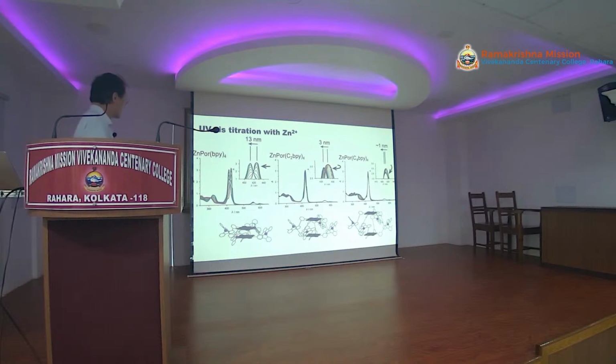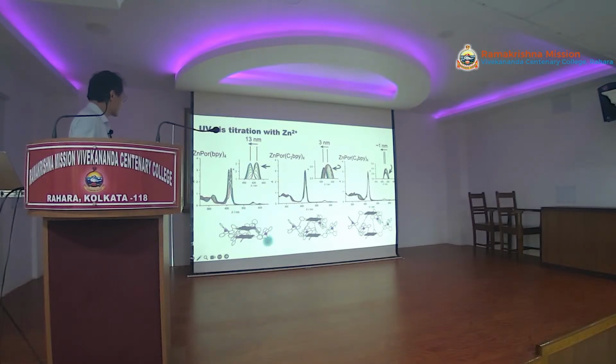So another thing is that this is a very complex process. Two porphyrin molecules and four ions assemble into one structure, and how do we analyze it? Basically, we titrate the porphyrin solution.